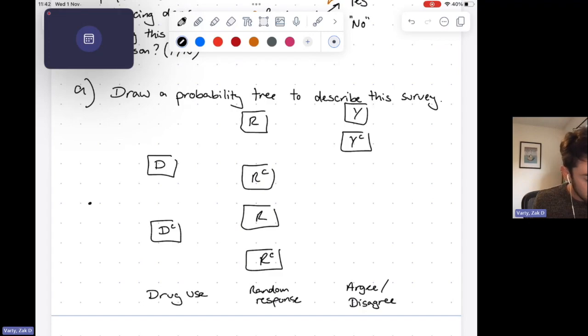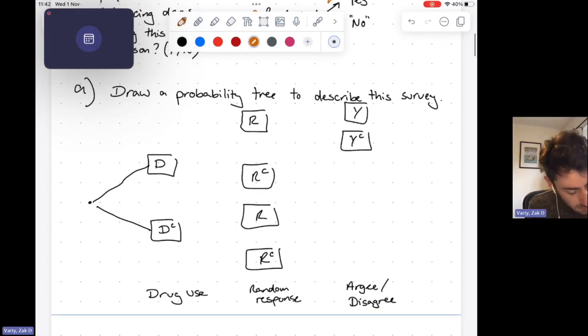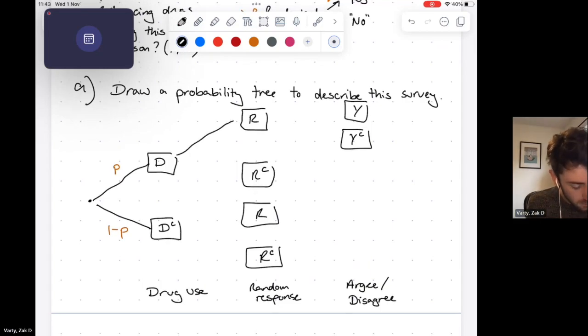Starting from the beginning, we know that the population proportion of students who take study drugs is P in our notation, and so the proportion that don't is 1 minus P. We then look separately at each student and ask, are they being asked to answer directly or in a randomized way?